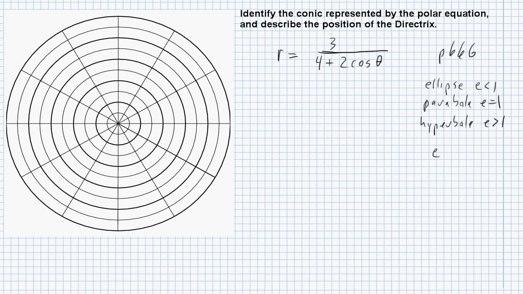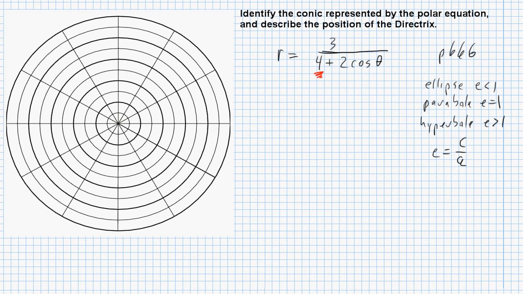Now remember, the eccentricity is equal to C over A, where C is the focal distance and A is the vertex distance. Okay? All right, so if you look at the formulas on page 666, you'll see that in the standard form of the polar equation for conics, that number there has to be equal to 1.